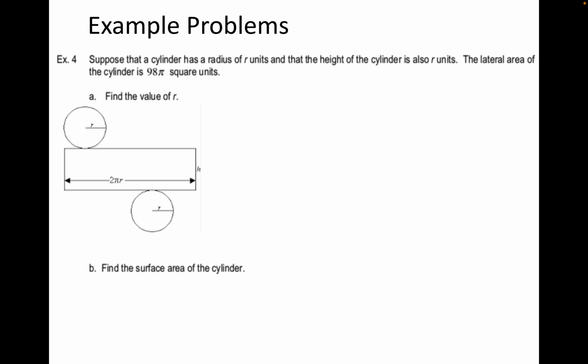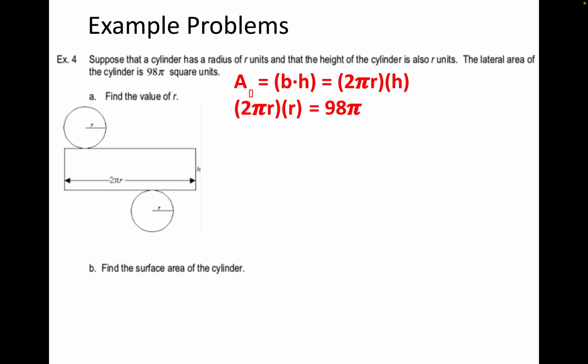Okay, so push pause and try this problem on your own and then come back and see how you did. Once again, here's the net of the cylinder, and this is the lateral area. The lateral area is just a rectangle, base times height, 2 pi r times h. So that would be 2 pi r times r, because both the radius and the height are r, and that equals 98 pi square units.